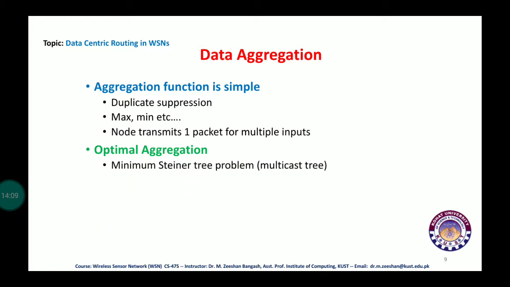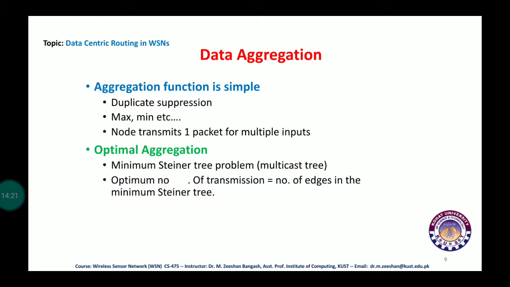So there is another aggregation mechanism which we call optimal aggregation, and that follows a multicast tree mechanism. We call it a minimum Steiner tree problem. In this minimum Steiner tree problem, which is an optimal aggregation, the optimal number of transmissions is equal to the number of edges in that minimum Steiner tree.